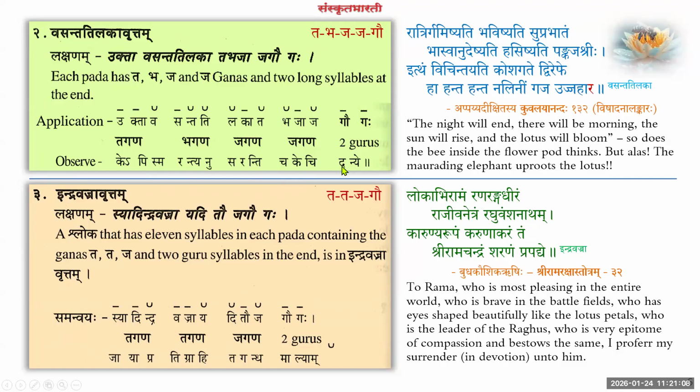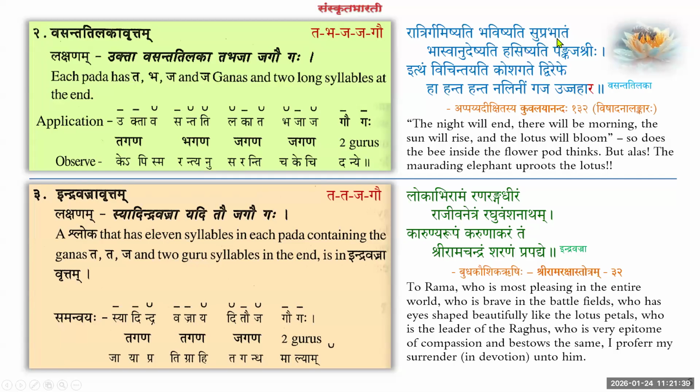By search, we can find out the other padas of wherever this appears. Actually, these are the two padas of the Vasanta Tilaka Lakshana only. Ukta Vasanta Tilaka Tabaja Jagaugaha Kepi Smaranti Anusaranti Chakechidanye is another example of the same thing, added on to that. Because they have put a double bar, I think it belongs together, maybe.